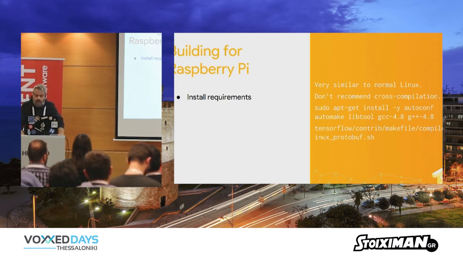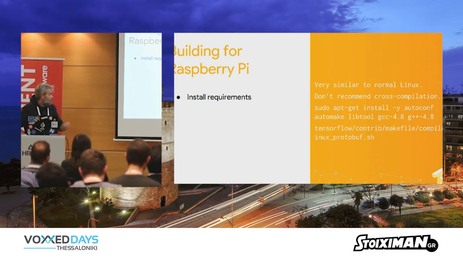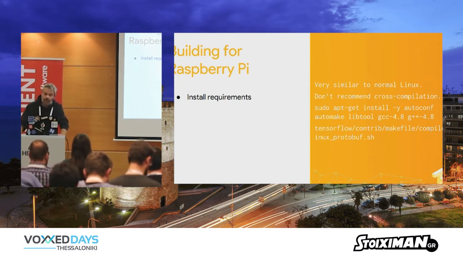So the Pi build process uses makefiles, and one thing to note is that the gcc is 4.8. With 4.9, which is the latest on Raspberry and that comes with it, we found some compatibility issues with TensorFlow.